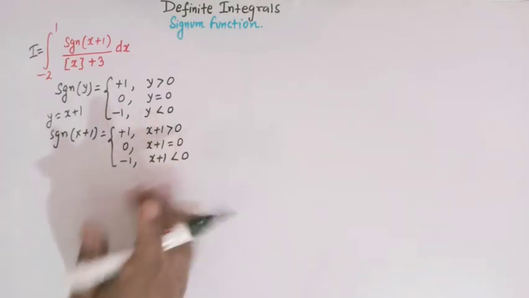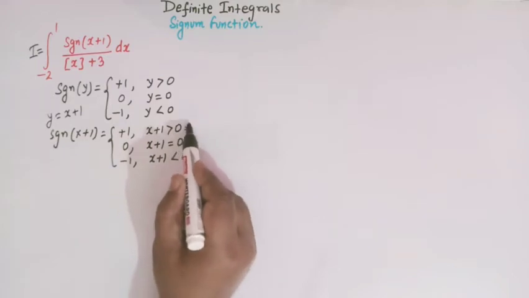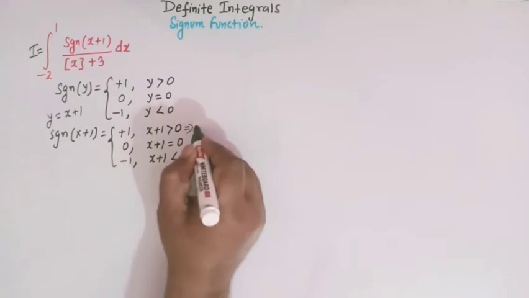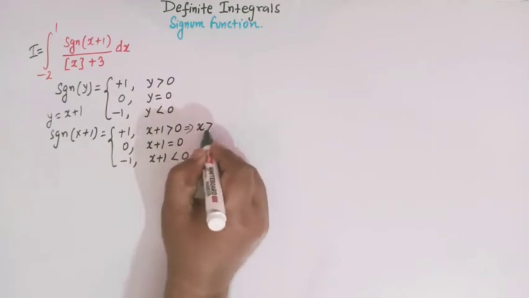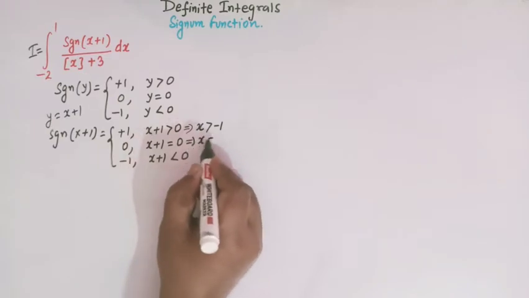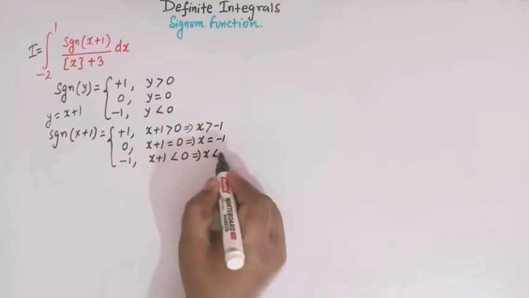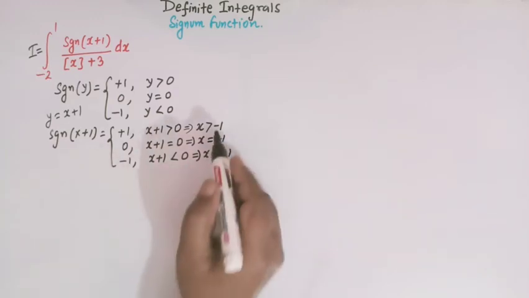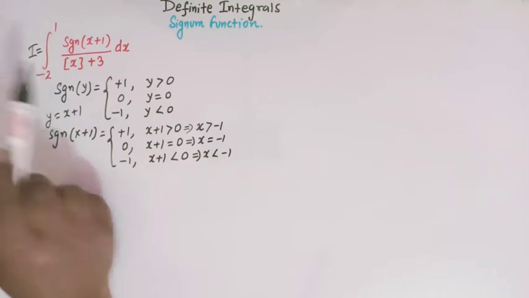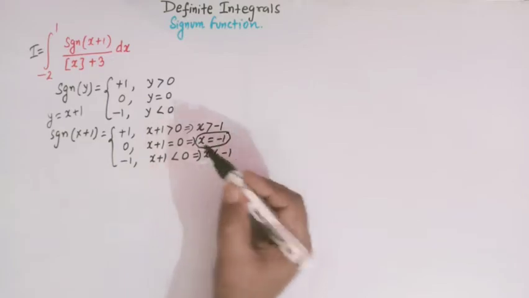So this is the definition of signum of x plus 1, and here we can solve this inequality, that is x plus 1 is greater than 0, so we have x greater than minus 1, right? And here we have x is equal to minus 1, and here we have x less than minus 1, right? So the point at which we have to break this integral I is x is equal to minus 1, right?